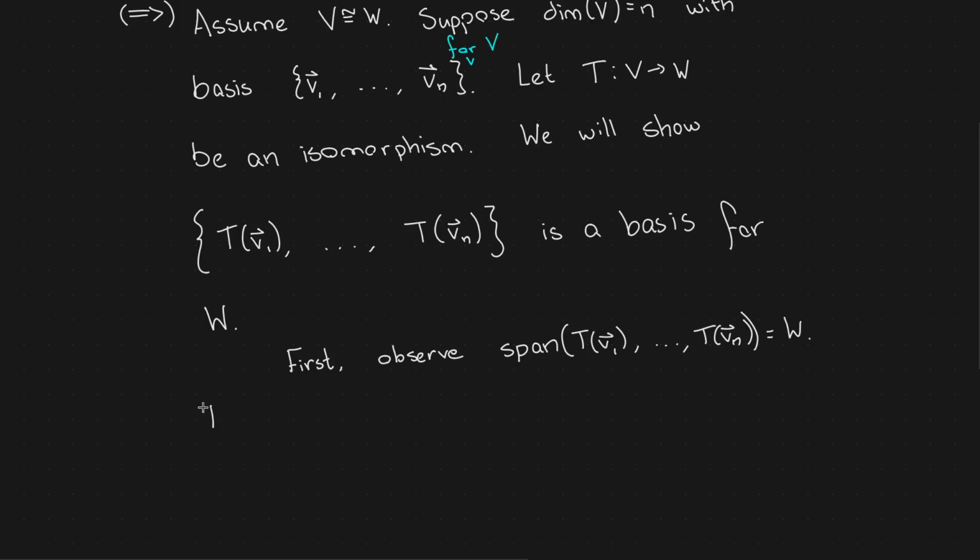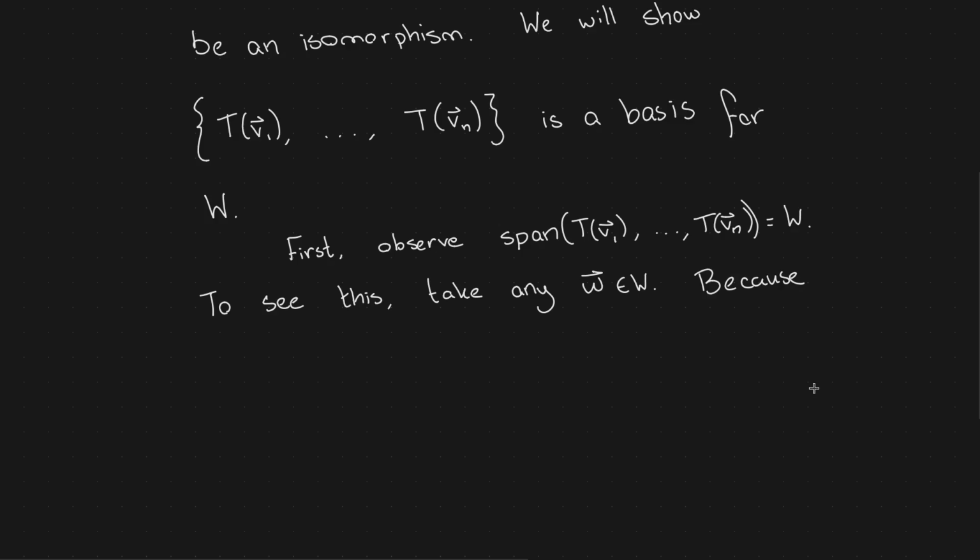To see this, take any vector w in vector space W. Because T is onto, T is an onto function because it's invertible. An isomorphism is an invertible linear transformation, and every invertible linear transformation is one-to-one and onto.